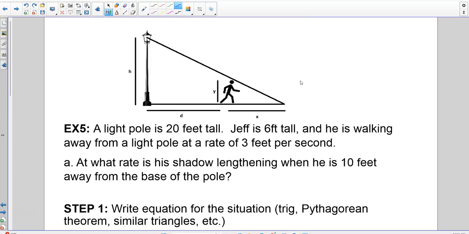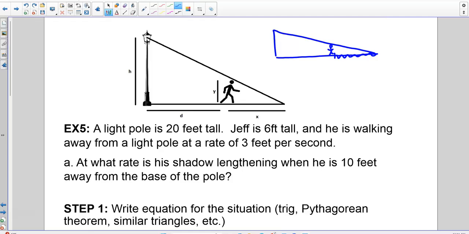So think about Jeff being way over here, far away from the base. You get a shorter angle right here. So the further Jeff walks away from that light, his shadow should get longer. Think about your shadows during the day. The sun's your source of light in that case.